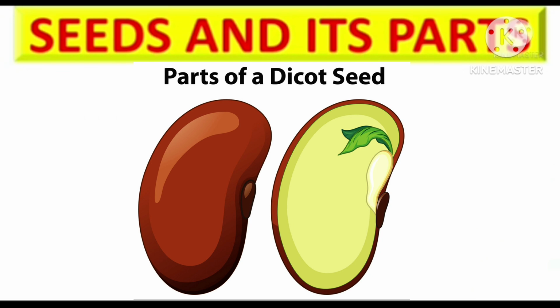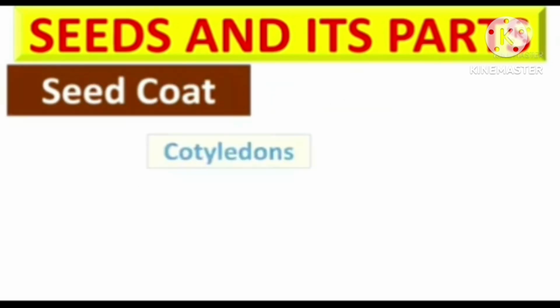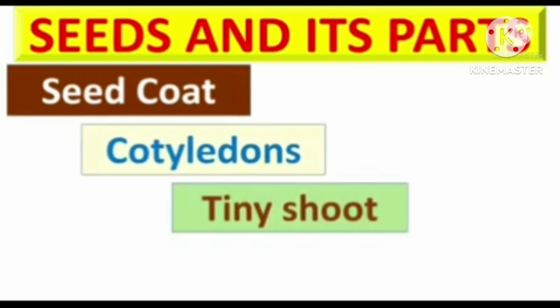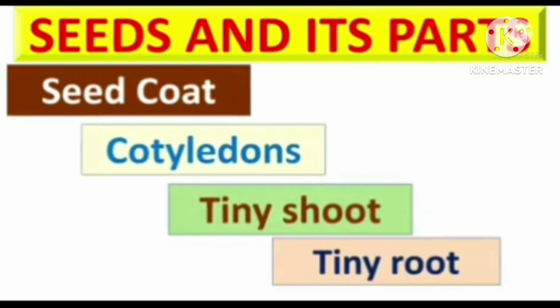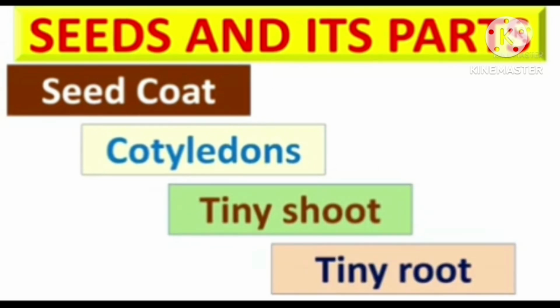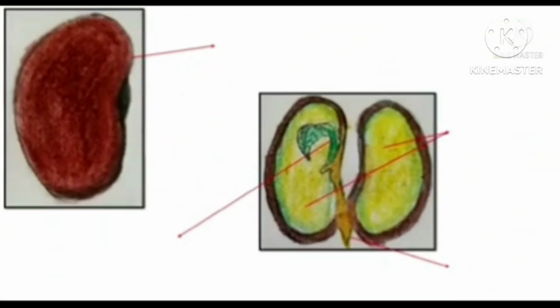Here, if we see the parts of it in detail, then we can see seed coat, cotyledons, tiny shoot, tiny root. So these four parts will be there in the seeds. Seed coat. This is the outer layer of the seed. You can see here, which is brown in color, is nothing but the seed coat.